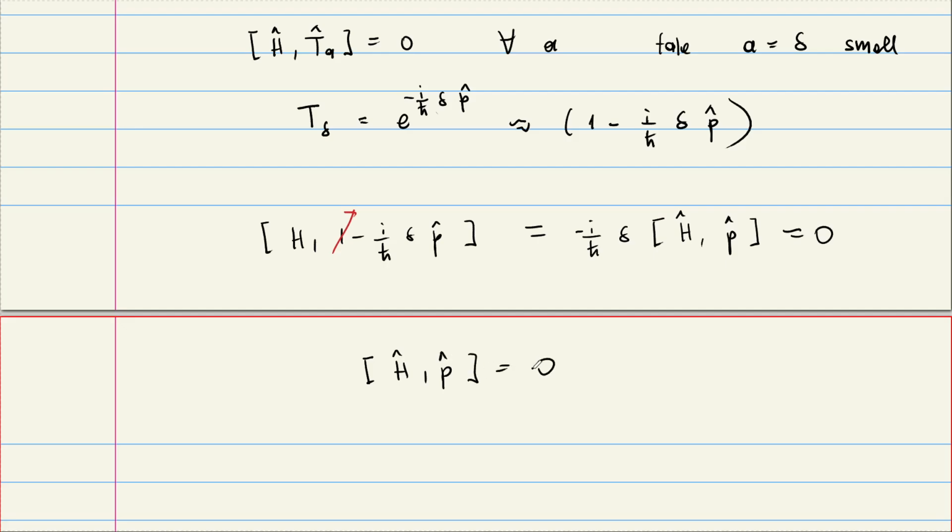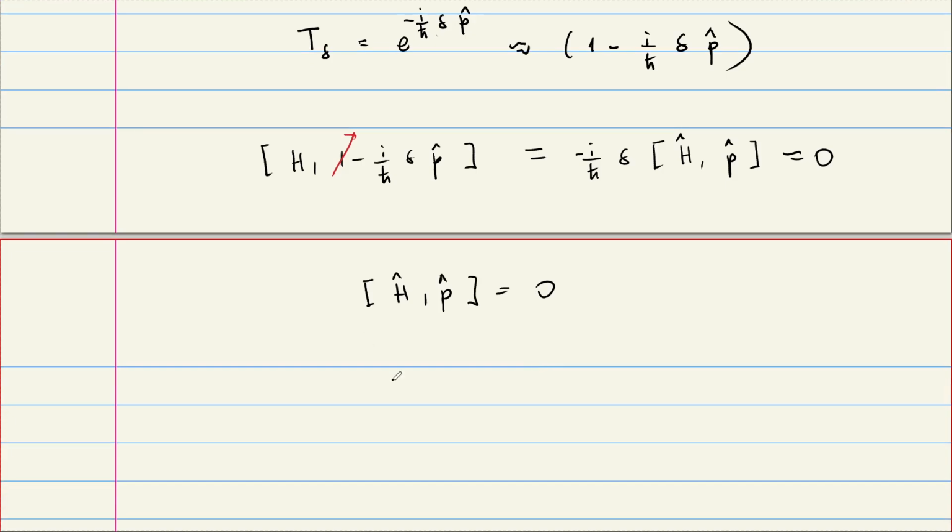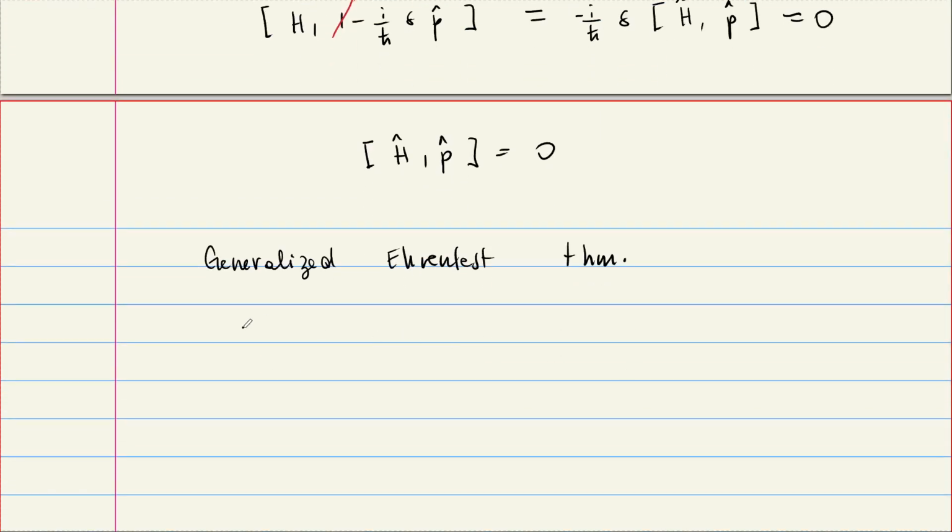But if this is 0, we see the commutator of H and p is 0. What we found is that if there is continuous translation symmetry, and the generator of translation symmetry is momentum, then the Hamiltonian commutes with momentum. And from our generalized Ehrenfest theorem, what do we know about the expectation value of dp/dt?